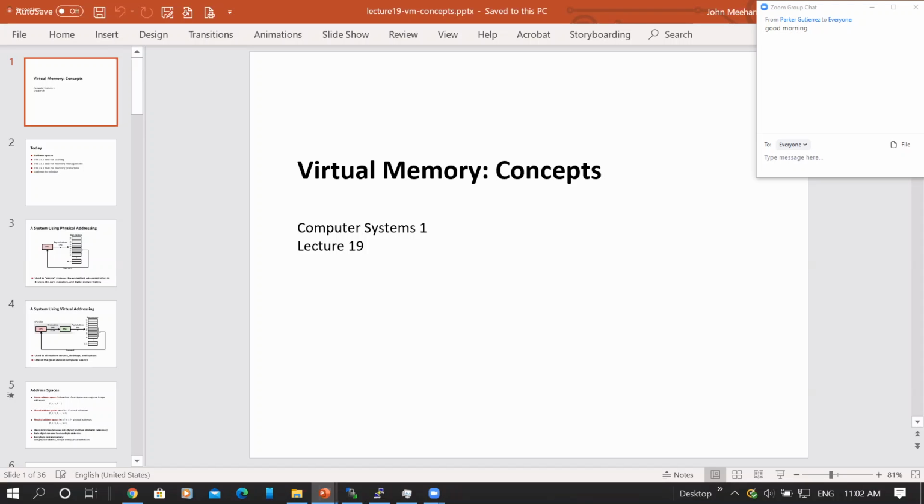So today we want to begin talking about virtual memory and the concepts around virtual memory. And then tomorrow and for the rest of next week, we'll flesh out the details of virtual memory. The stuff we've been talking about with the caches and the cache hierarchy is physical memory accesses, right?